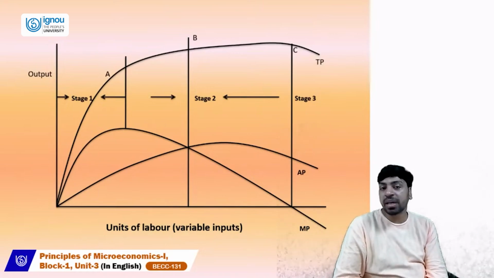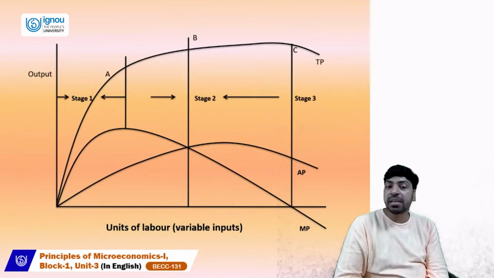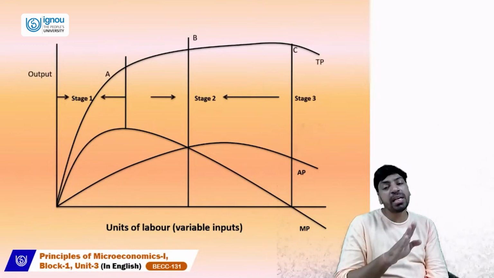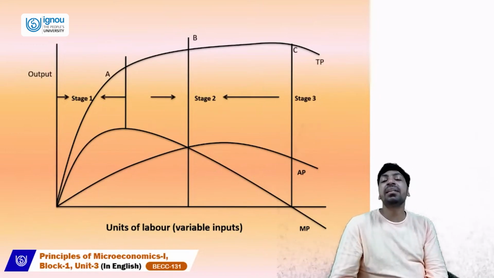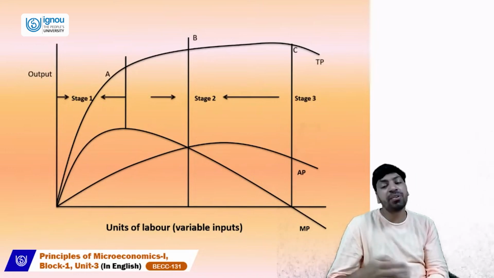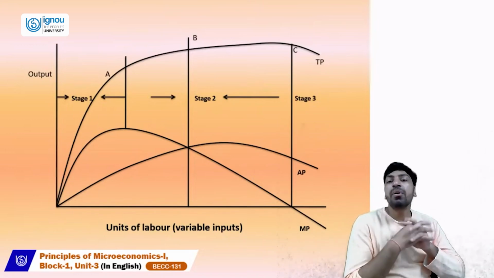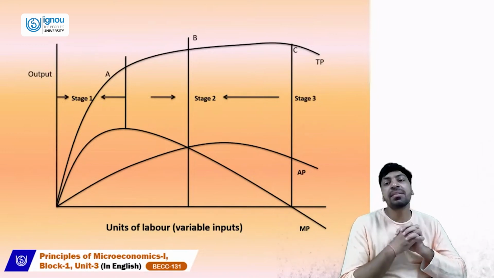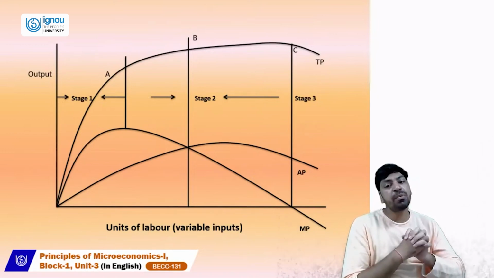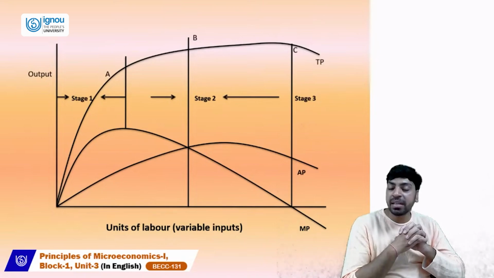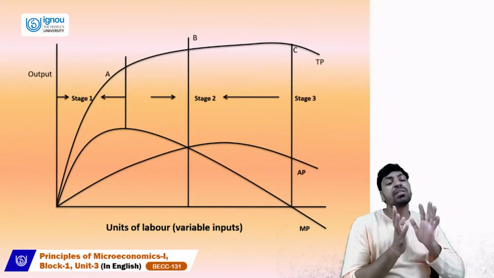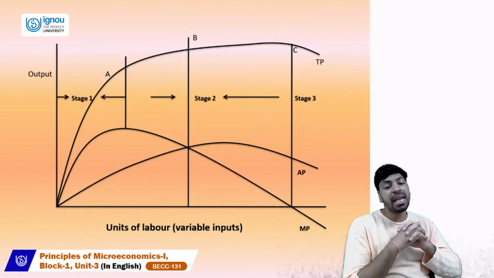But marginal product in stage 2 will always be declining at a decreasing rate. When we talk about stage 3, total product will decrease at a decreasing rate, average product will also decline, and marginal product will become negative.